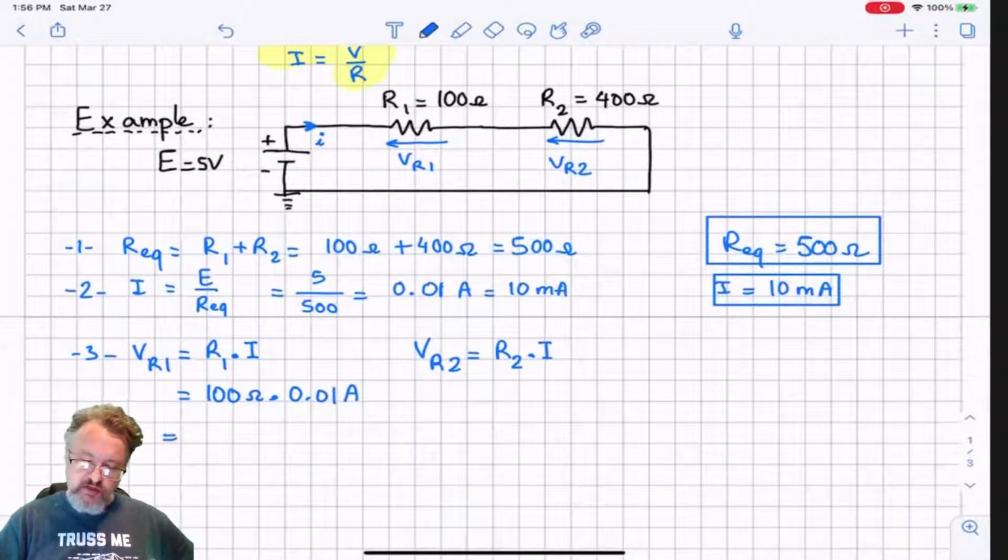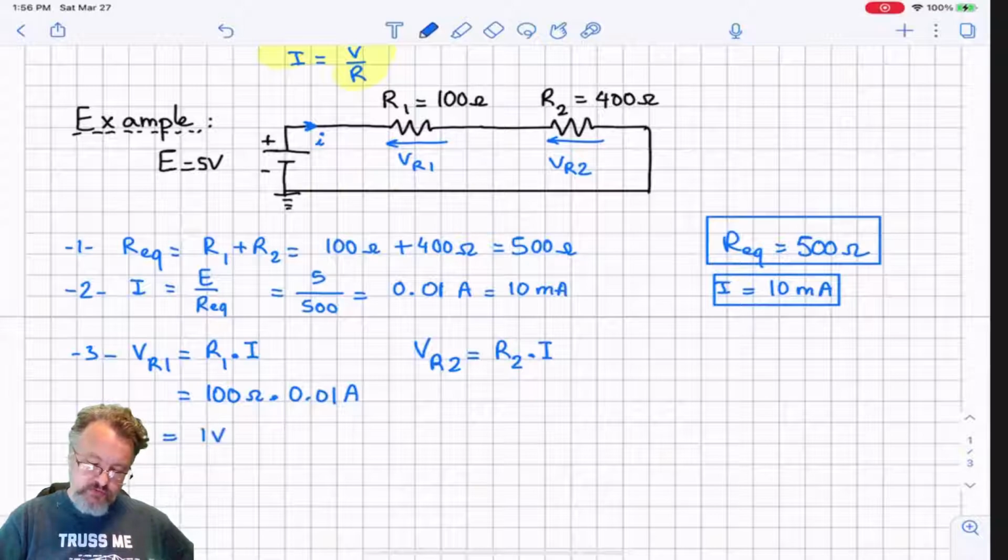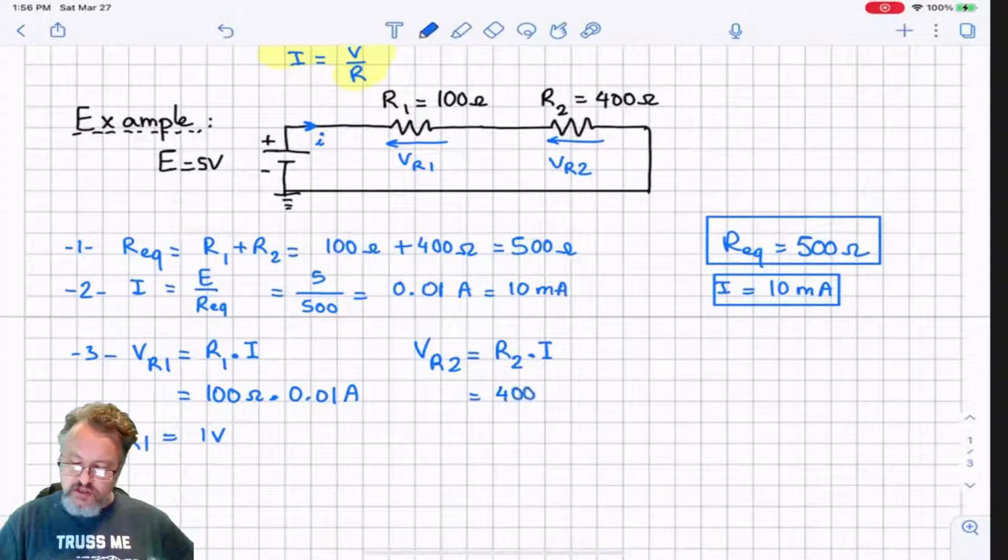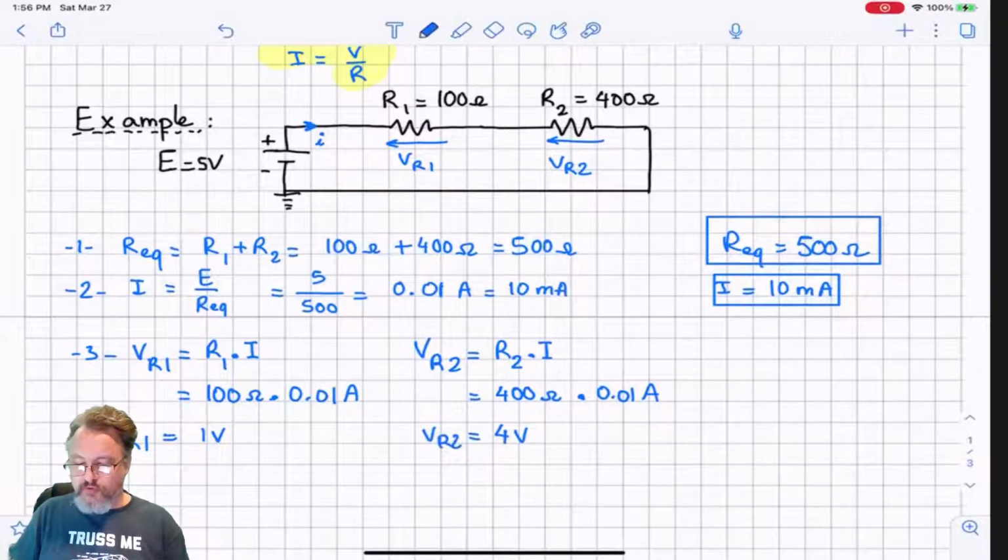That's going to give me 1 volt. VR1 is equal to 1 volt, and VR2 is going to be 400 ohms times 0.01 amps equal 4 volts. VR2 equal 4 volts.